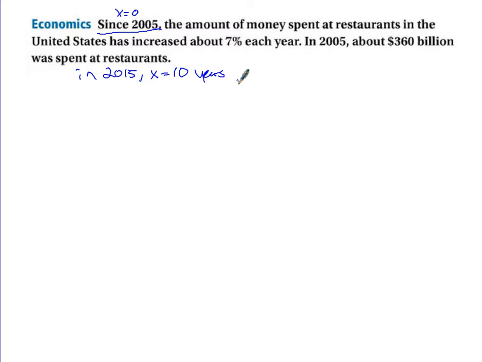So we got to think, okay, we're at $10 an hour now, and the raise is 20%. How do I find out 20%? What do I do? Divide, multiply by.